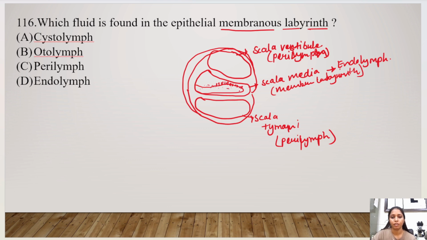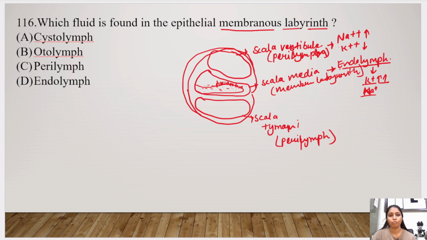In endolymph there is higher potassium concentration in comparison to sodium, and in perilymph there is higher sodium concentration and lower potassium concentration.